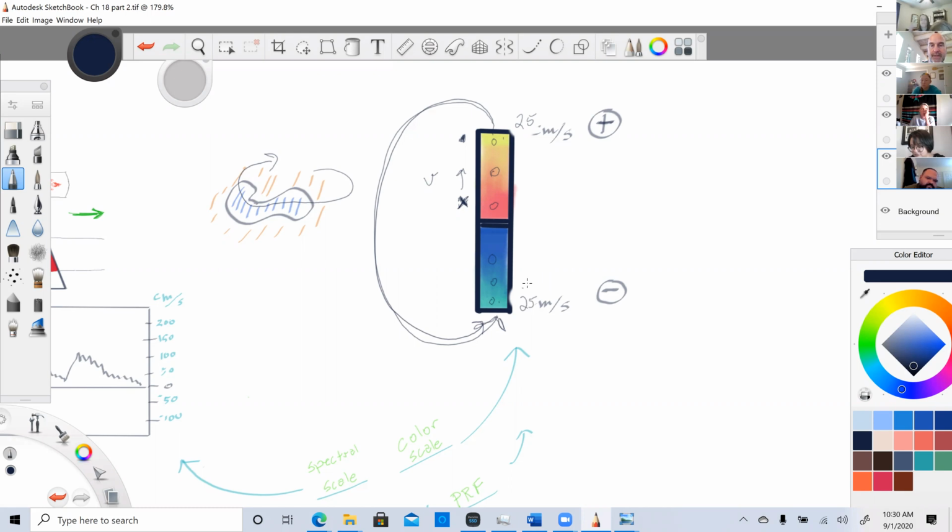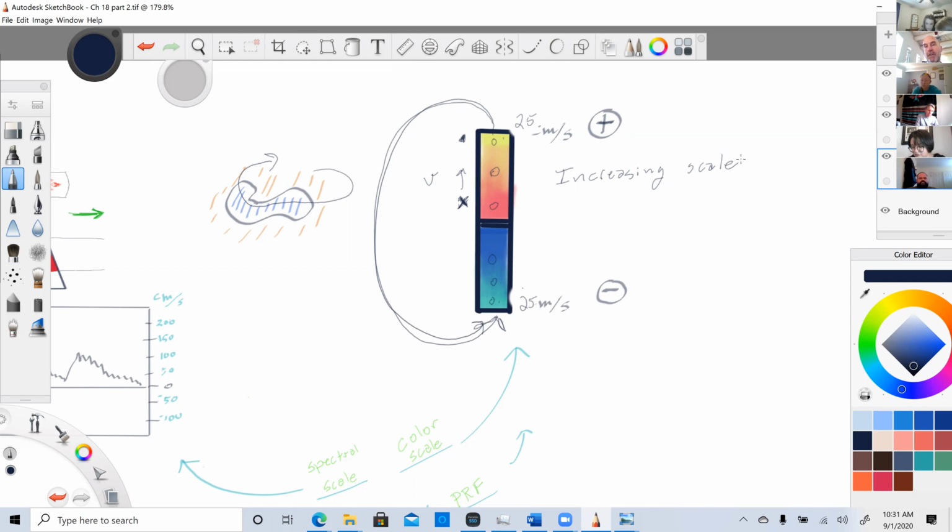25 and negative 25. Now, let's say our flow is in the red, but it stays in the red because now we have more. We've basically, by increasing the scale, how would I say this? We've added more numbers.